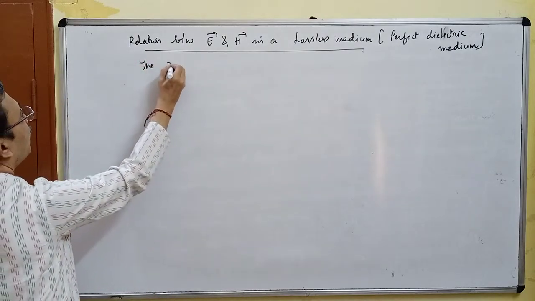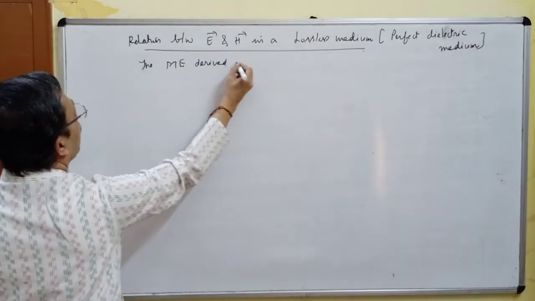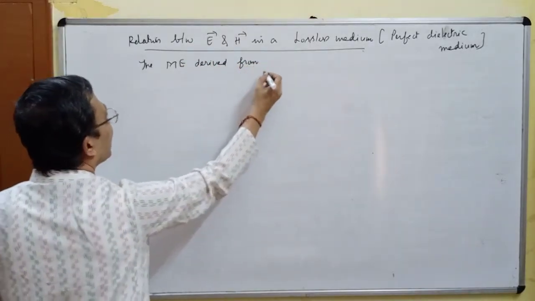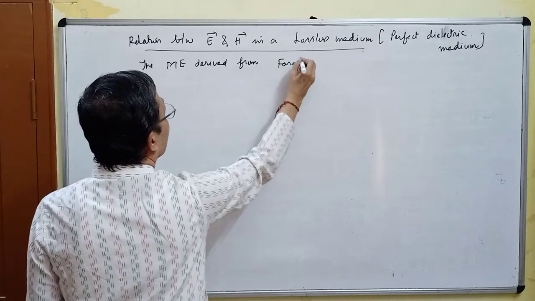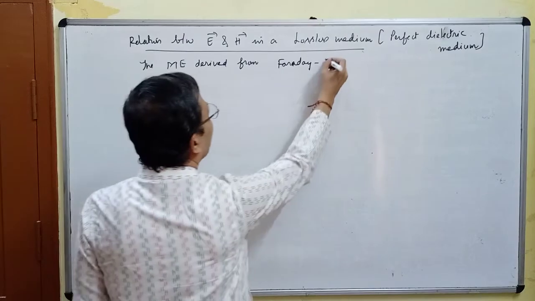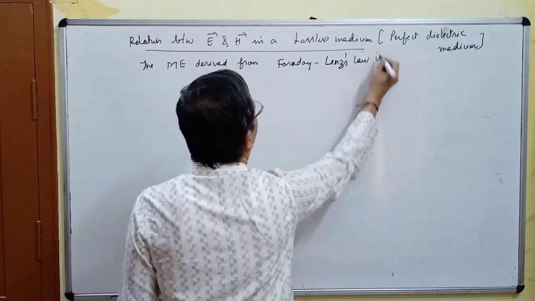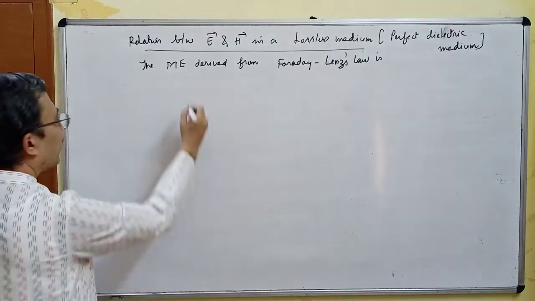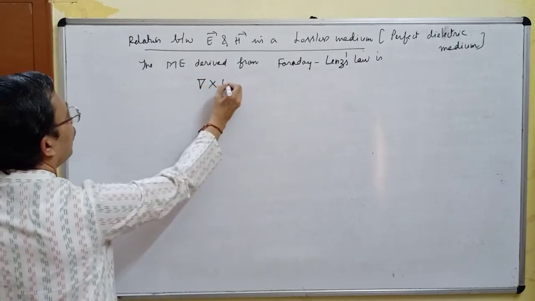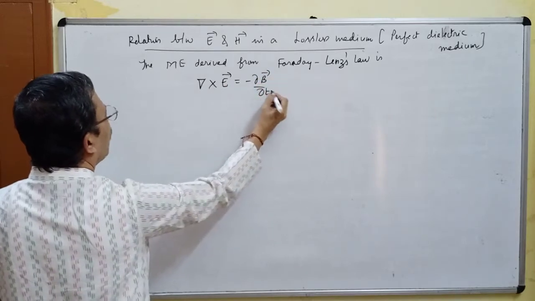The Maxwell's equation derived from Faraday, Lenz's law is del cross vector E is equal to minus dou vector B by dou t.